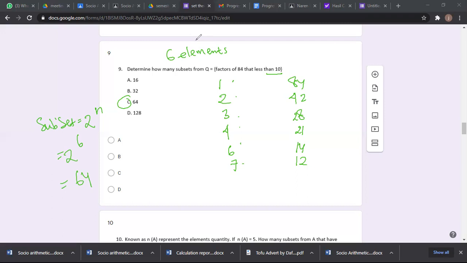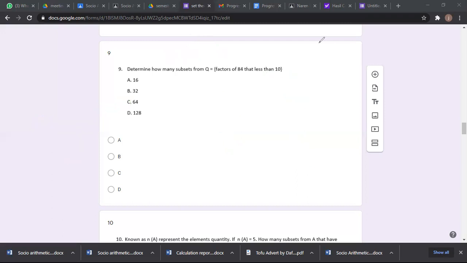Here, I want to tell you, if we have a sample set with 3 elements, how can we list all the subsets of this set?